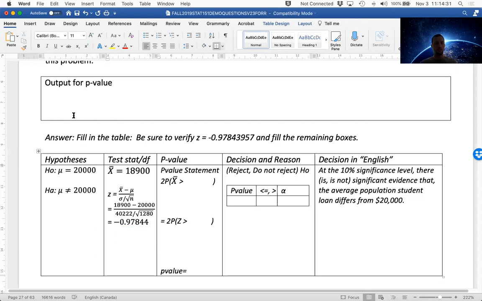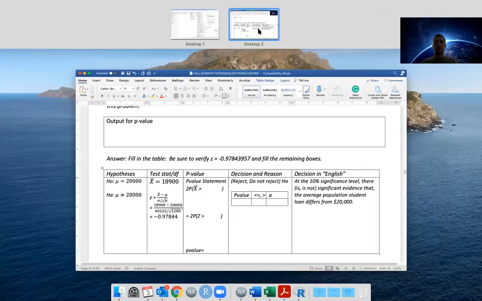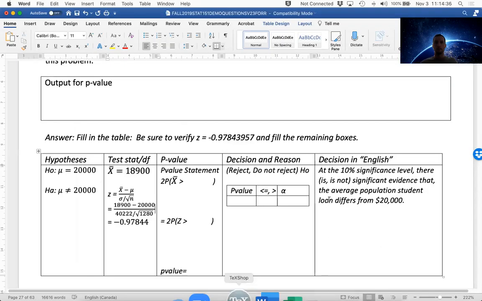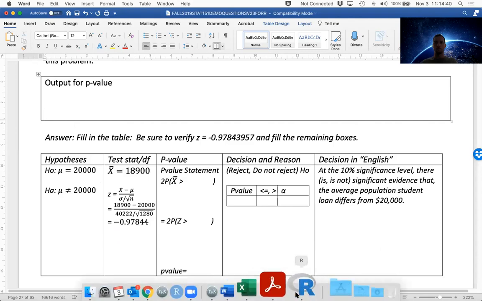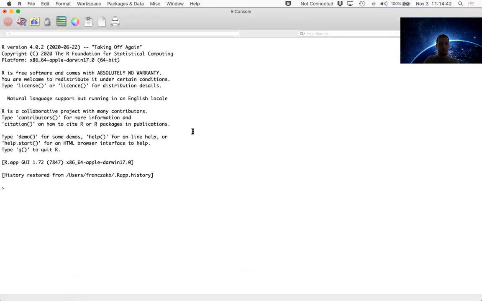Okay, and if we wanted to, we could actually work this out in Rcmdr. So if we open up our R page, we open up R, we open up Rcmdr.